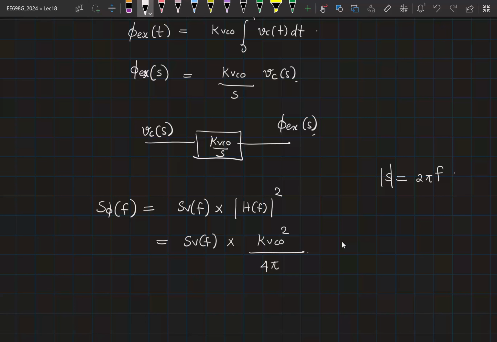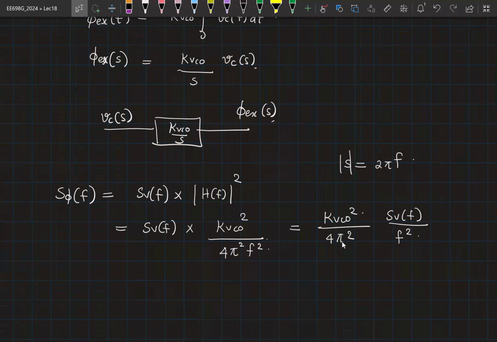This gives you 4 pi square into f square. I'll bring out all the factors that are independent of the frequency: S_V of f divided by f square. What is S_V of f? This is a resistor. What is the voltage domain PSD for the thermal noise? 4kTR. So this gives you kVCO square divided by pi square kTR into 1 by f square.